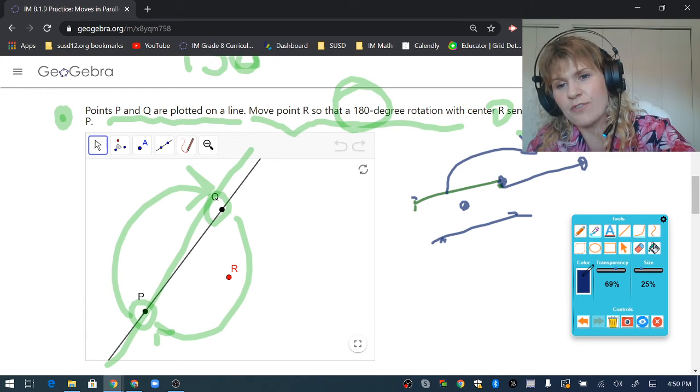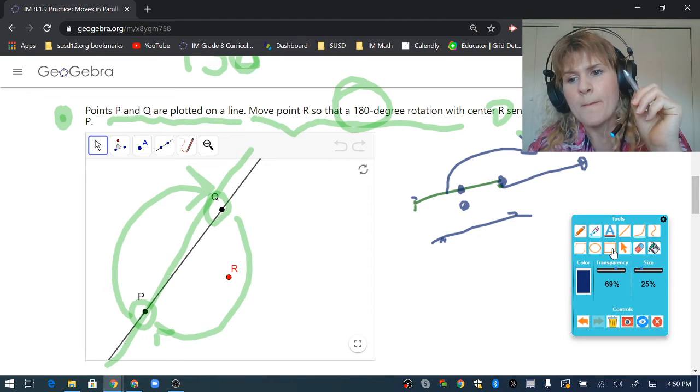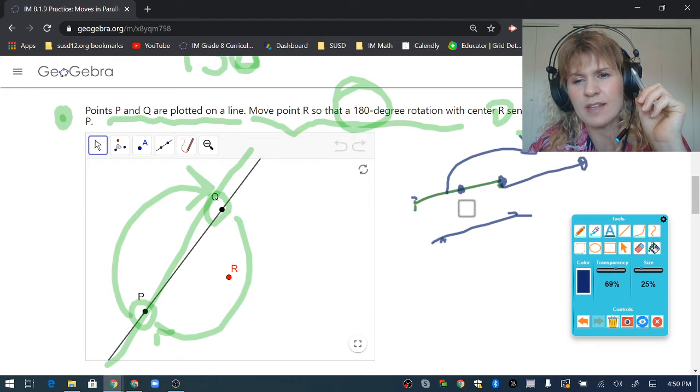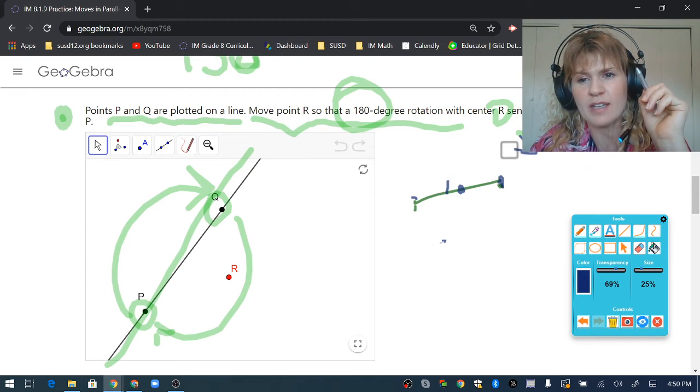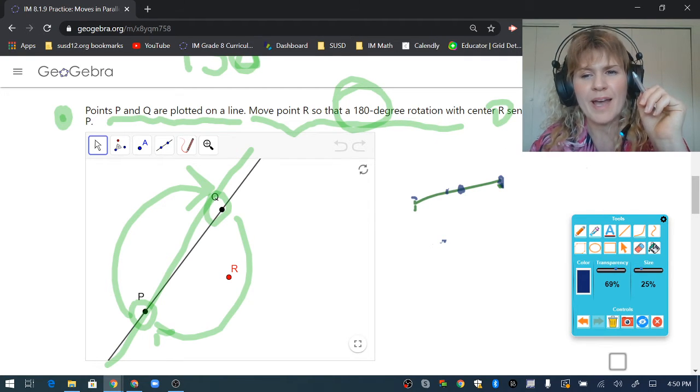And then if we rotate a line segment 180 degrees by a point on the line, let me erase this other stuff. So now the point is on the line. What happens?